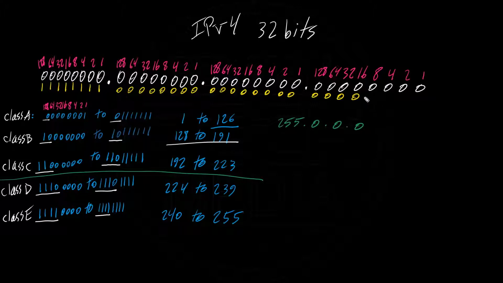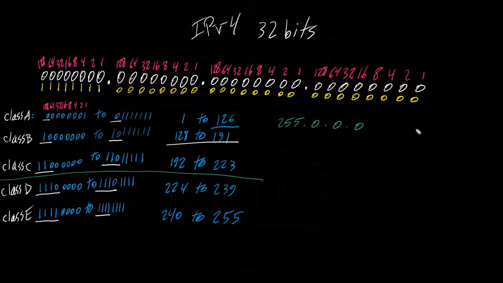If I ask you a question, for class A, how many octets do we have for network? Only 1, the first octet. So 1s represent the network bits and 0s represent the host bits. Therefore, we have 8 bits for network and 24 bits for host.